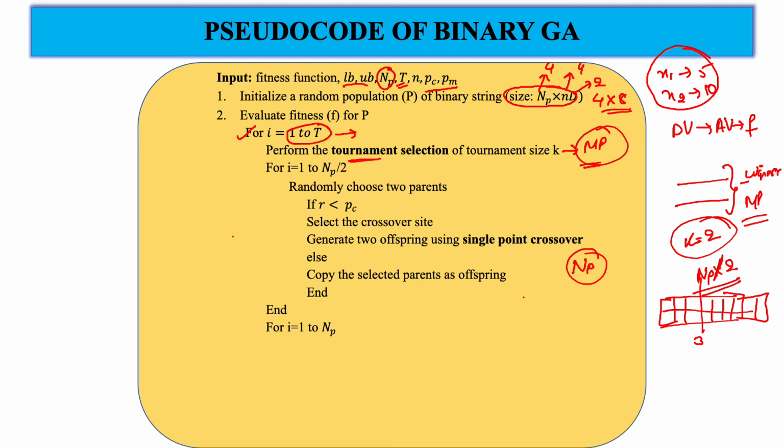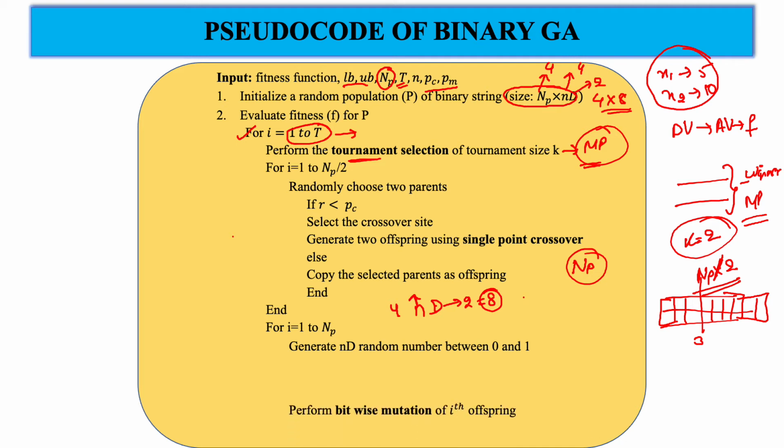Now we will perform mutation on each offspring. So what we need to do is generate n into d random numbers. Suppose we are using 4 bits for each variable and there are 2 variables, so 8 random numbers we have to generate between 0 and 1.